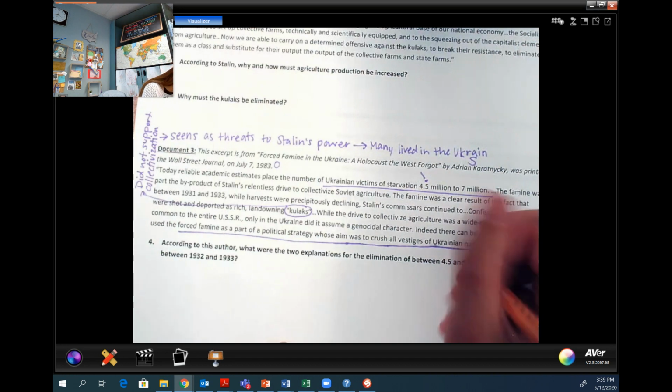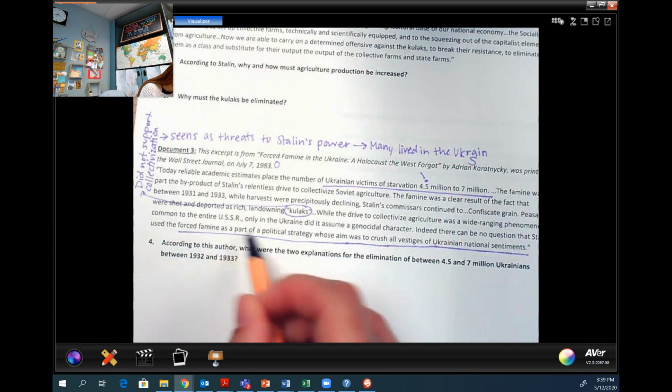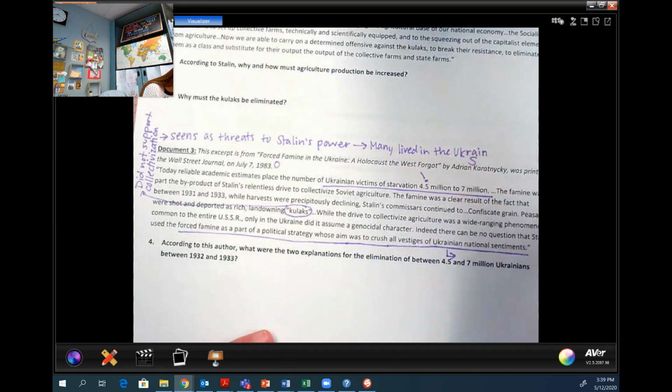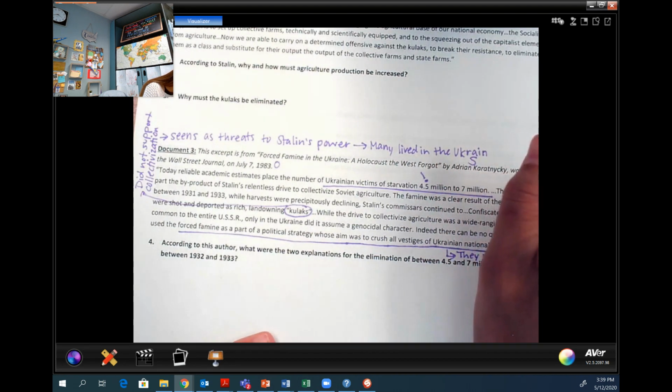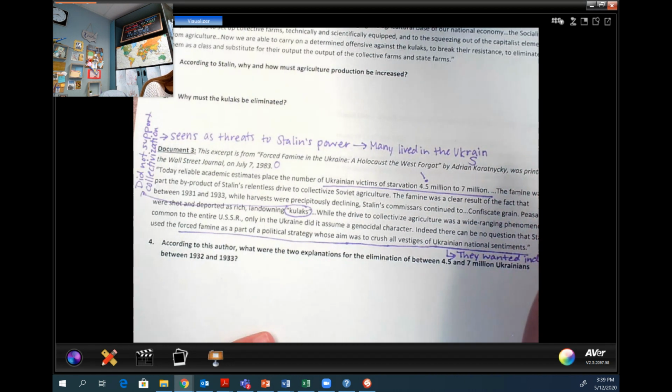And as you can see, this last sentence, blah, blah, blah, it highlights the fact that they wanted independence, which of course Stalin could not have, right?